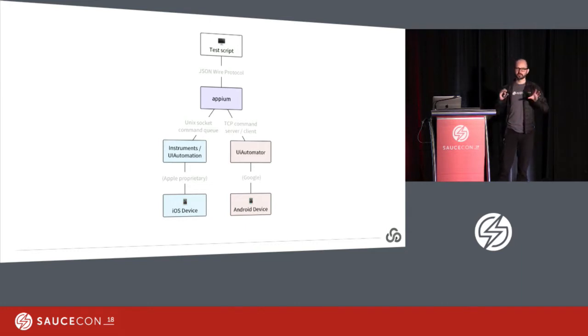And I said it's this very thin layer, and that's a little bit of a lie because we actually had to write tons and tons of code in Instruments or in the UI Automator context to effect this translation. And that's where a lot of the value came from for you guys from Appium, because we actually made it possible to write WebDriver test scripts and have it do all these things. But conceptually, Appium is just this very simple little idea.